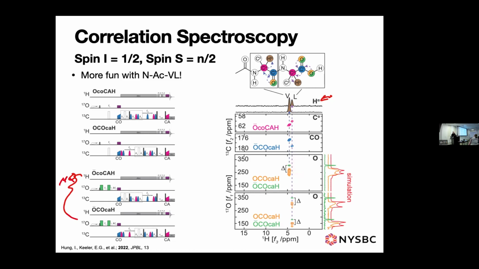So the valine just has the single CO. When we look at the leucine plane, where we're only looking at the leucine CO carbon, we have two different peaks, one for the COH and one for the C double bond O. And again, that's sort of characteristic.